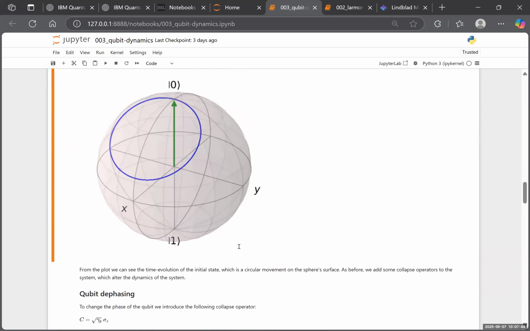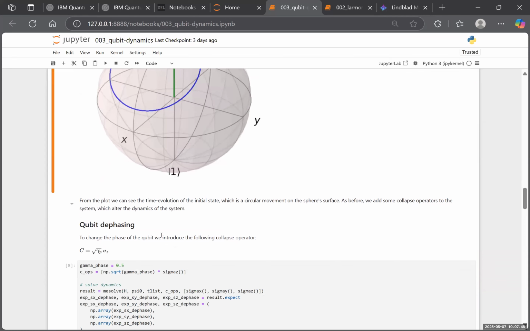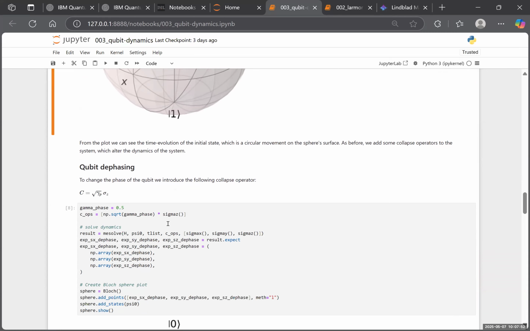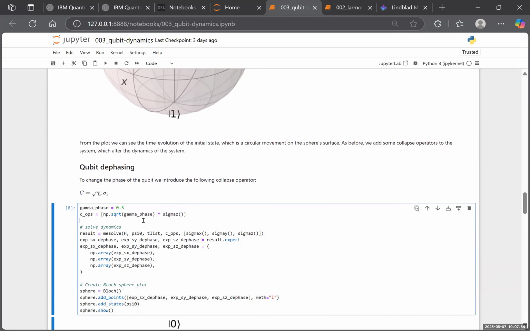And now you can compare the difference if you have dephasing sigma z. So you set that collapse operator. This is the square root of gamma times sigma z. And you saw it's basically the same. Now you have this C operator, which is no longer an empty list.